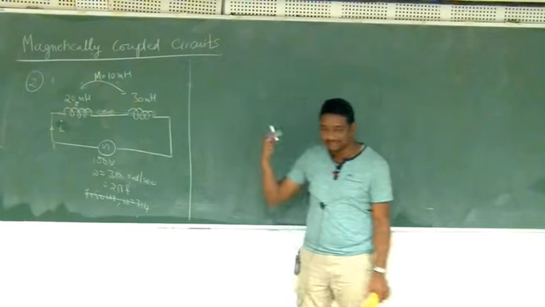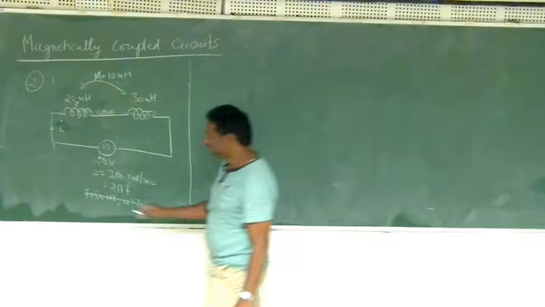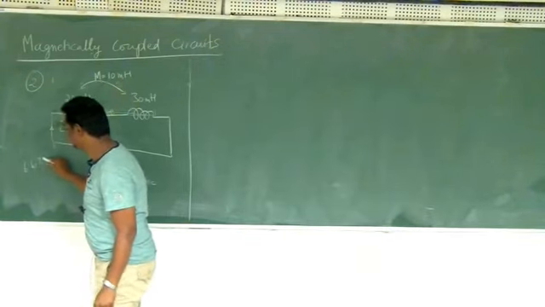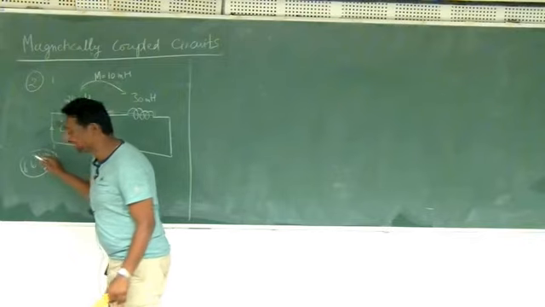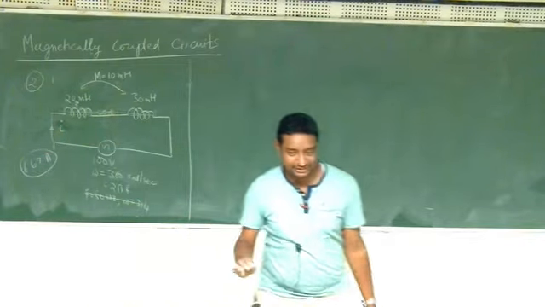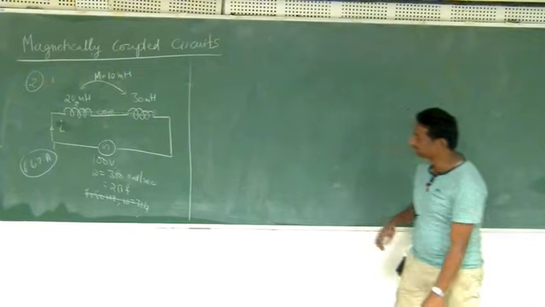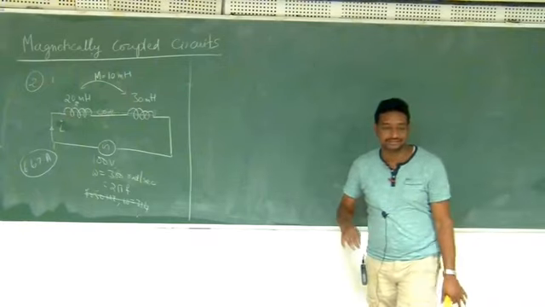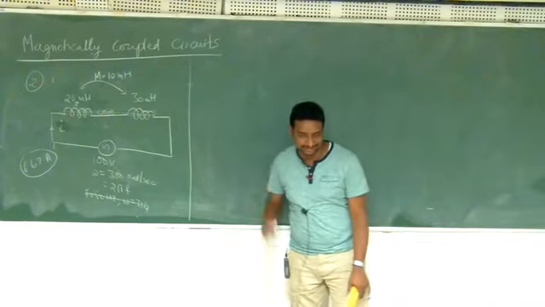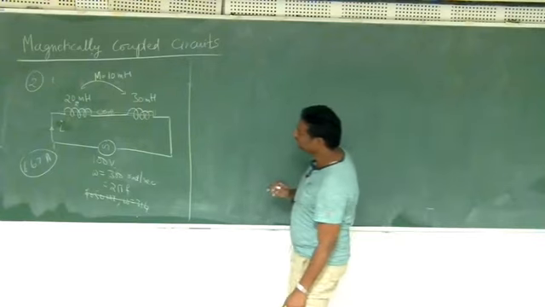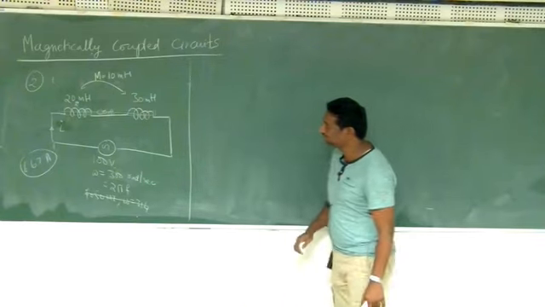What was the current in problem 1? Some 6.67 amperes was the current. The angle was minus 90 degrees. That's okay because it's pure inductance. Now we are hoping that the current will reduce because of the mutual inductance. So what is the current now?